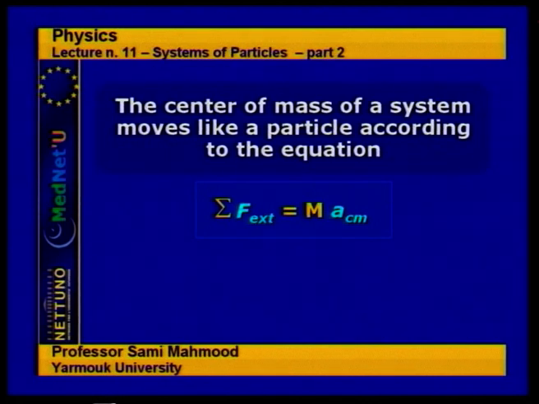The summation of F external is equal to capital M times A sub center of mass, CM.